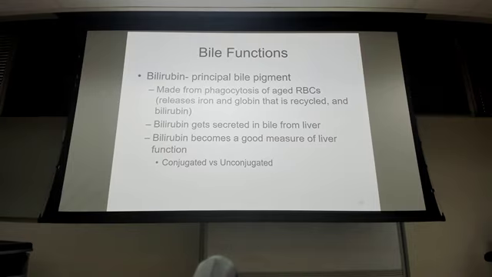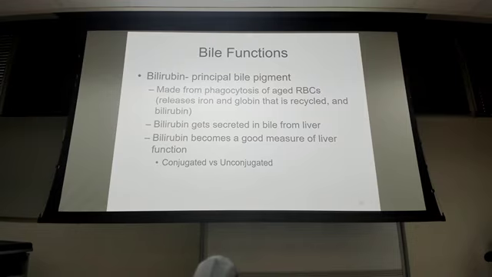Bile functions. So bilirubin is the principal pigment of bile. Bilirubin is made from the breakdown of red blood cells. So mainly macrophages in the spleen, the liver, and bone marrow perform the function of breaking down these aged red blood cells. And bilirubin is a byproduct of heme metabolism.